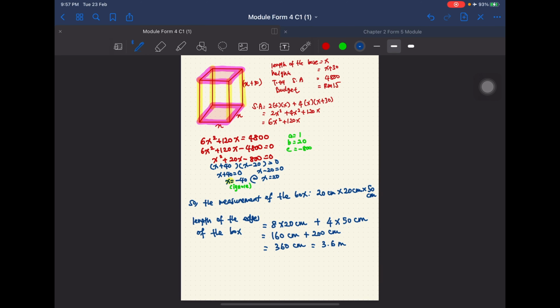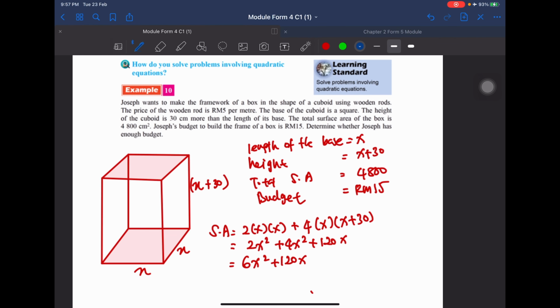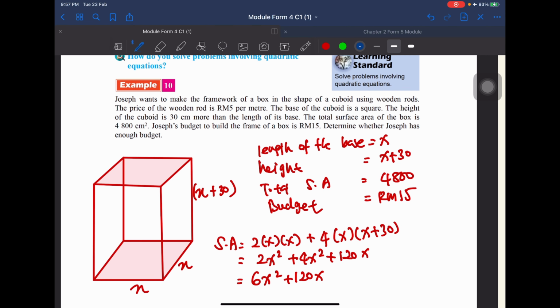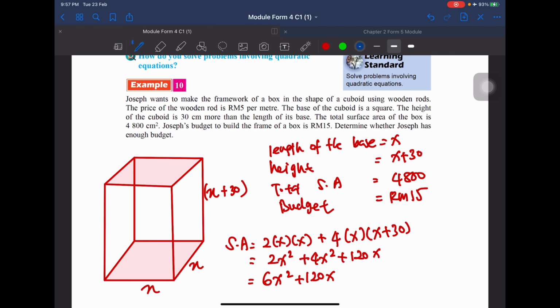Okay, next tengok balik soalan tadi. Soalan kata apa? Okay, frame RM15. Okay, di mana wooden rod ada RM5 per meter.